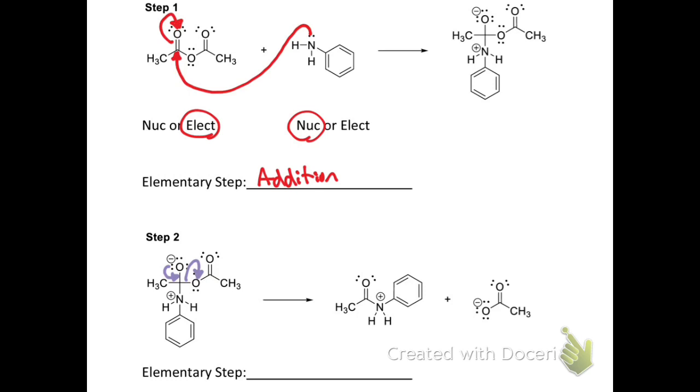So there we have our electrons. This is an example of an elimination. And the reason why it's an elimination is because we're forming a pi bond. Elimination and addition are, in effect, opposites of each other. The other thing to note here is that because we're only starting with one molecule, there is no true nucleophile nor electrophile. All this is taking place within the same molecule, which is why you don't have to circle nuke or elect.